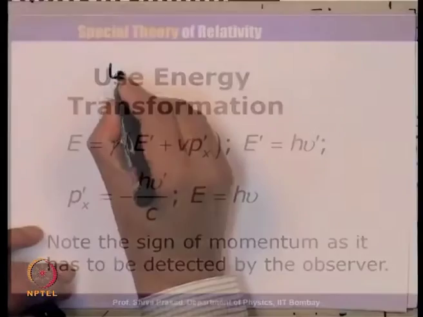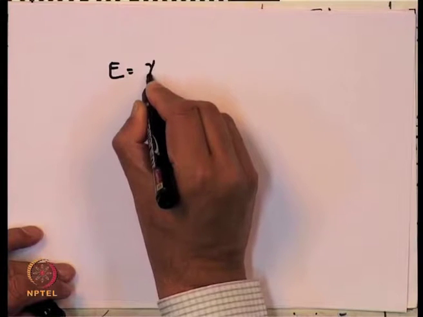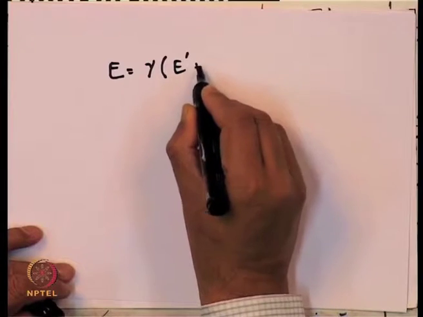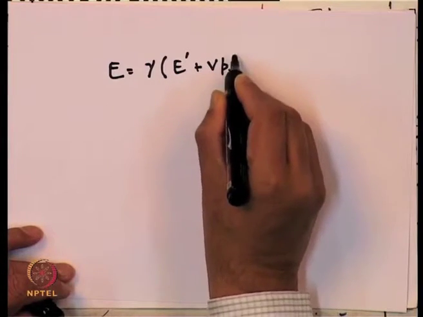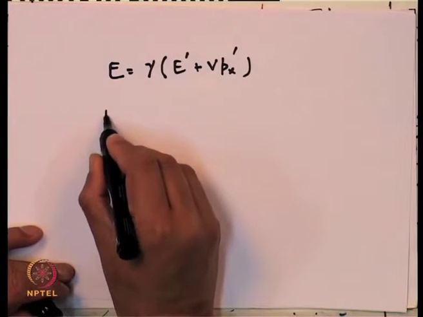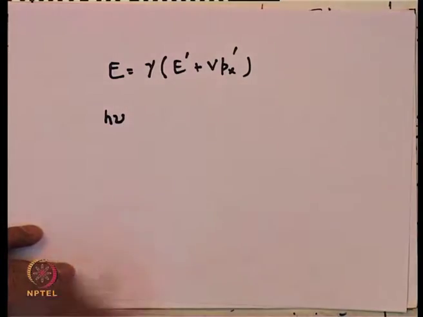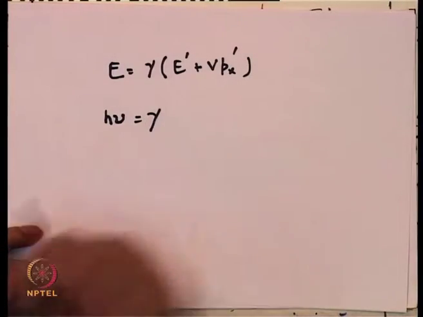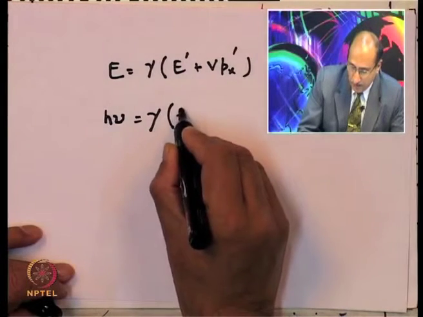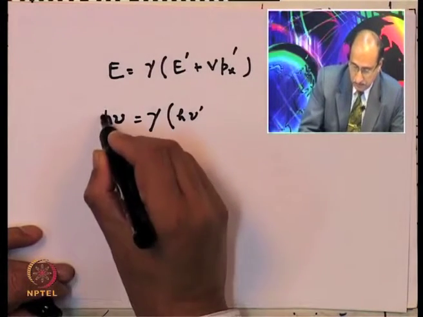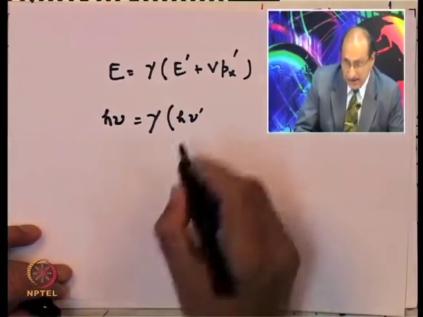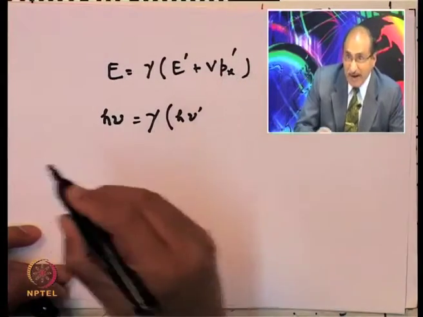So, this was my original expression. E is equal to gamma times E prime plus V Px prime. For this E, I will write h nu, which is the changed frequency. This remains as gamma. This E prime, I will write as h nu prime. This V is in plus x direction, but this Px prime is in minus x direction.